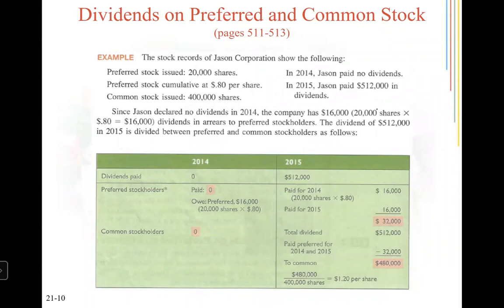The common stock, they have 400,000 shares. In 2014, Jason paid no dividends. In 2015, they paid dividends of $512,000.